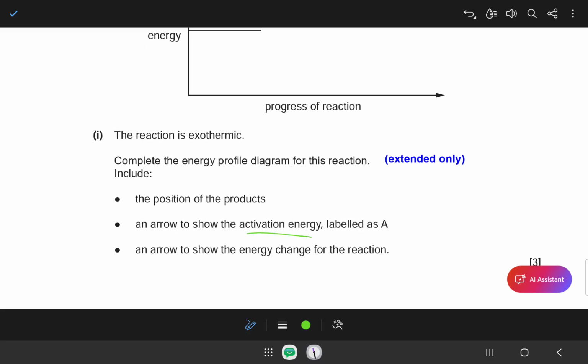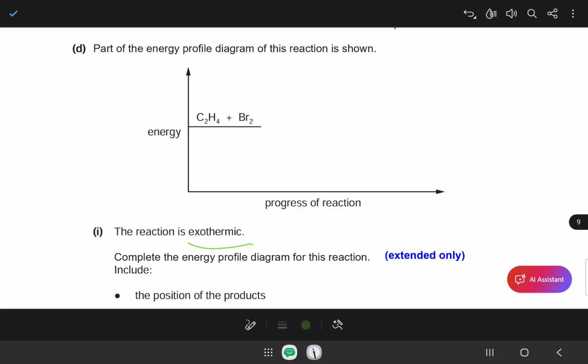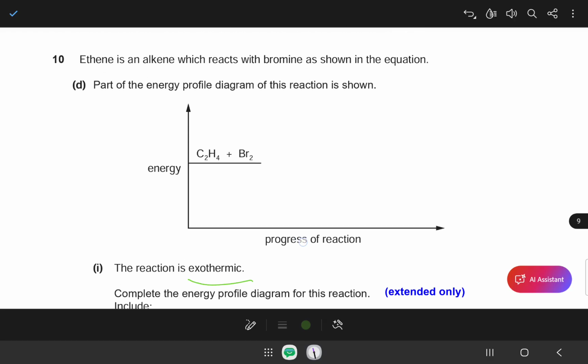Activation energy is the minimum amount of energy the molecules or particles need to acquire for a reaction to happen. So that should be known. And energy change is just what I said, the delta H. They give us a hint here and say it's exothermic. So that means that our products will have less energy than the reactants.